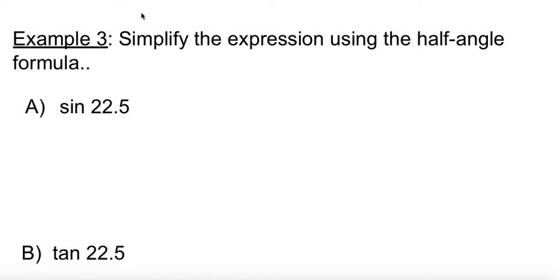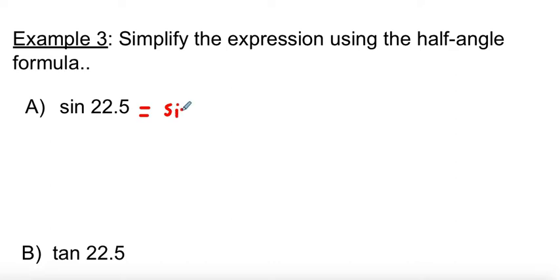Alright, so then these are kind of like what we did yesterday with those other ones. We had double angles, so now think about, is there something that you could take and divide by 2 that would give you 22.5? And I'm thinking, oh yeah, we can do that.